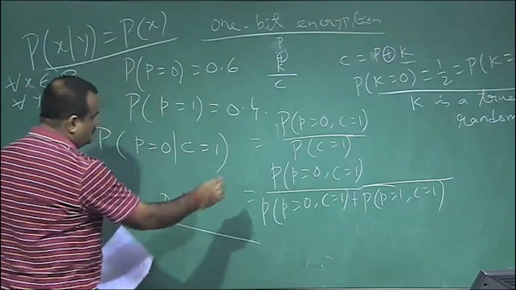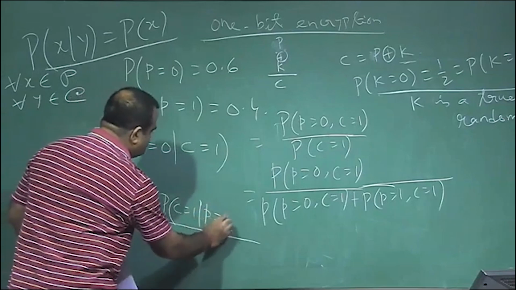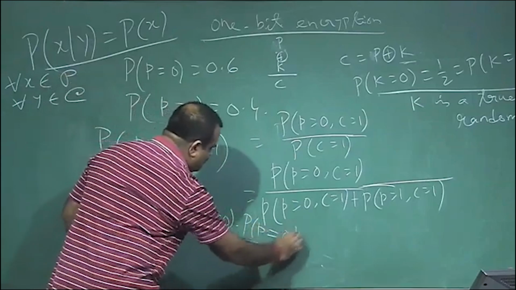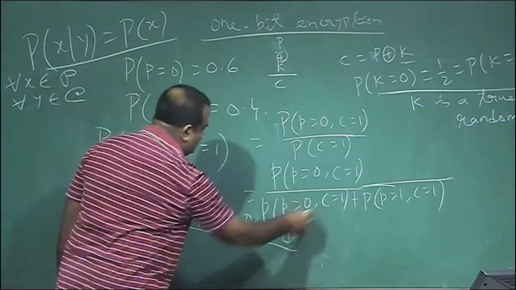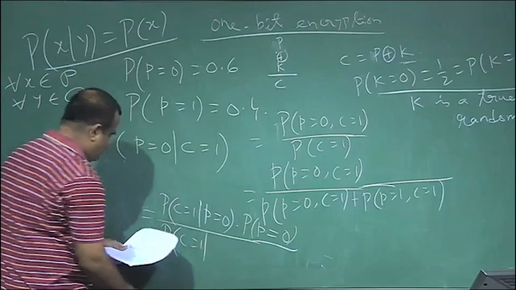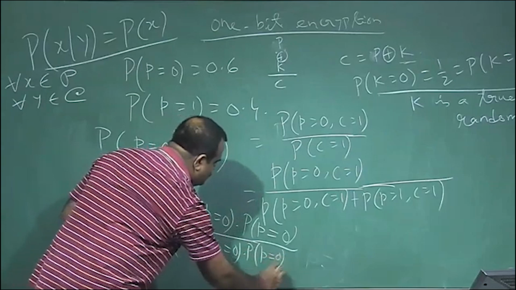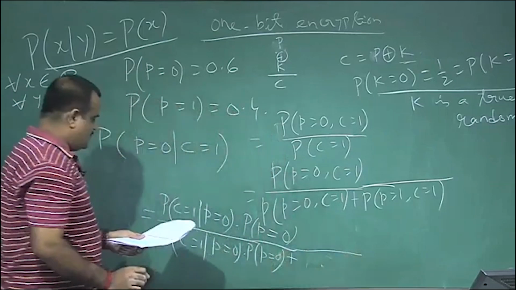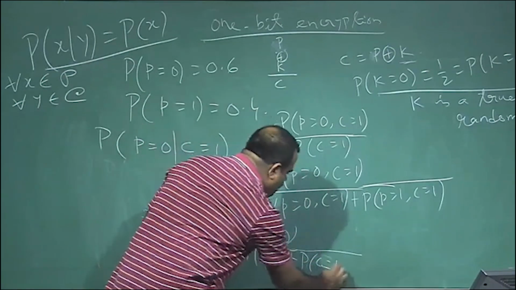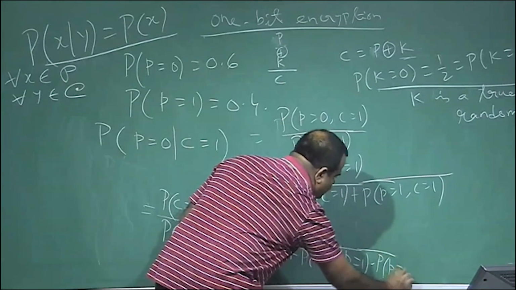So, this can be written as the probability of C is equal to 1 given P is equal to 0 into the probability of P is equal to 0, divided by, again, the probability of C is equal to 1 given P is equal to 0 into the probability of P is equal to 0, plus the probability of C is equal to 1 given P is equal to 1 into the probability of P is equal to 1.